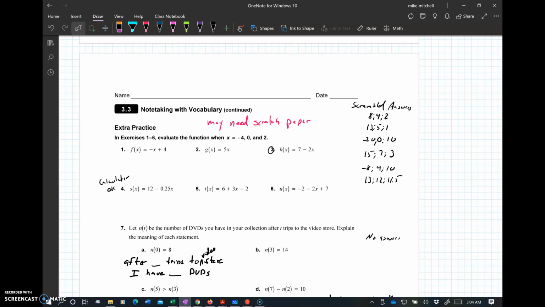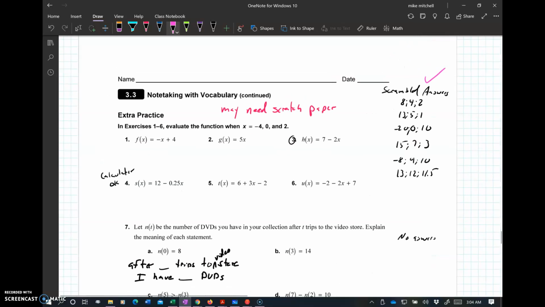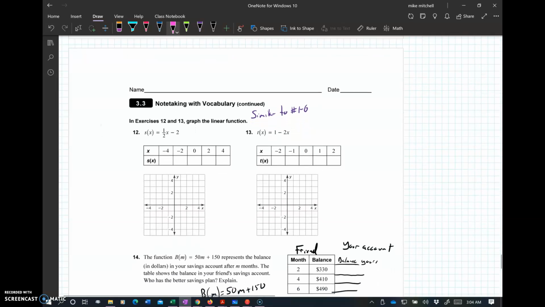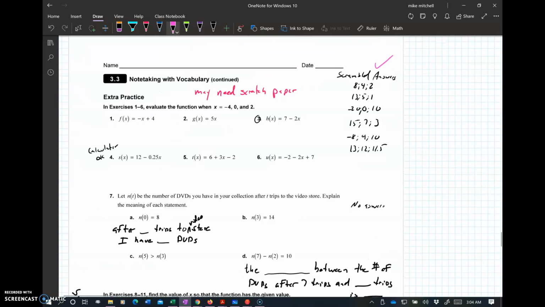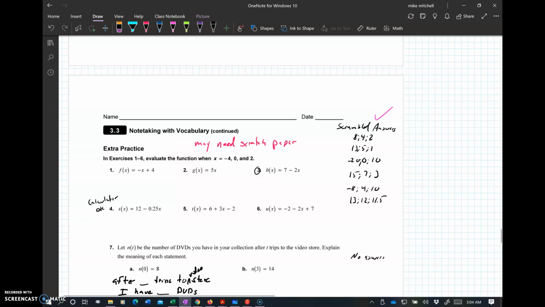I got a note here, you may need scratch paper. I do have some scrambled answers for some of these over here. I don't have them for number 7 in the middle, it just didn't work out, or number 13 down here. But let's go here.